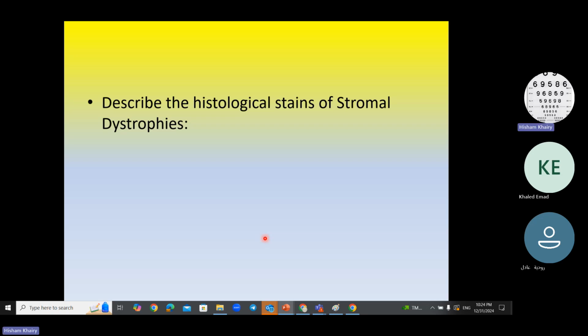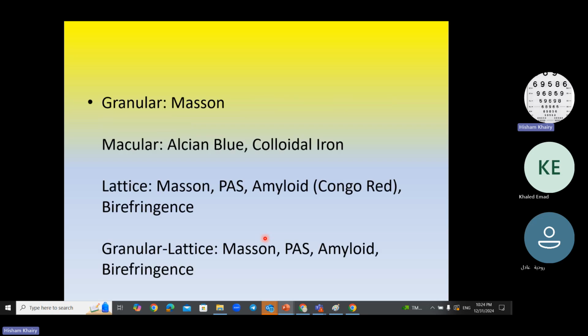This is not an ophthalmology examination but histopathology: granular dystrophy seen by Masson trichrome, macular dystrophy with Alcian blue for glycosaminoglycans and colloidal iron, lattice with Masson trichrome, periodic acid Schiff, amyloid Congo red, birefringence.